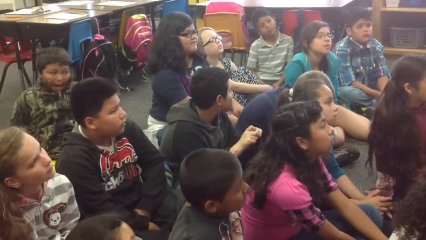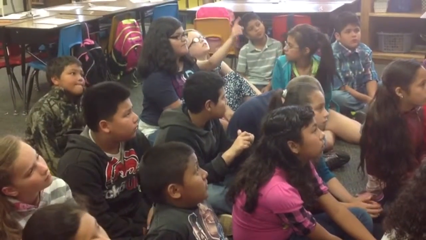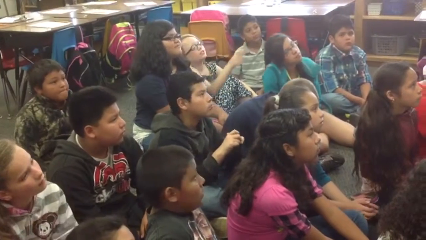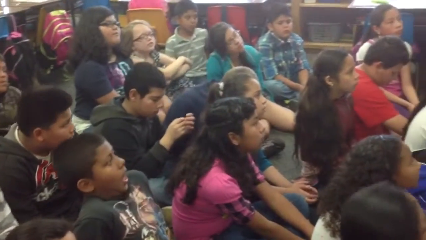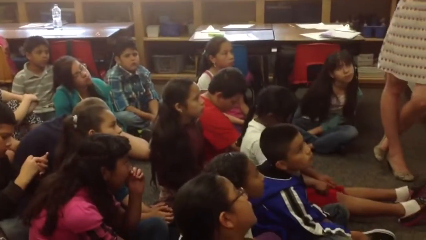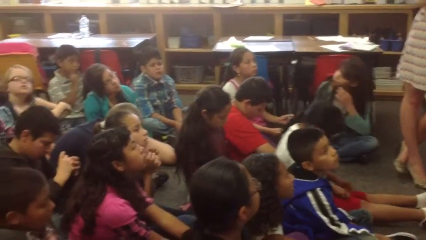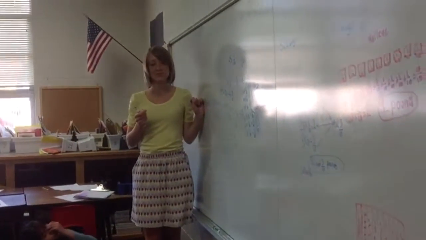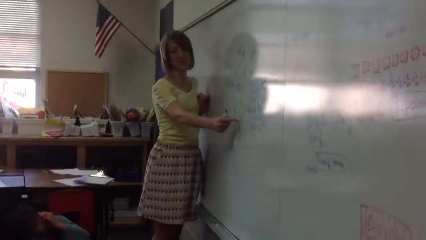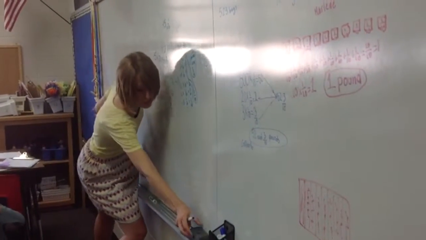Okay, so if we think about that, it's because you did 2 groups of 1/10 also, and you don't need the 2 groups of 1/10. So here, what do we have to do first before we add these together? Before we add 2 tenths and 1/10 together, what part did we need to do before that?